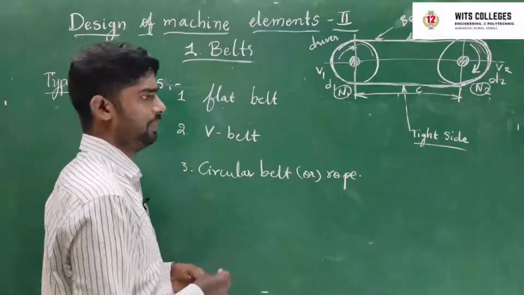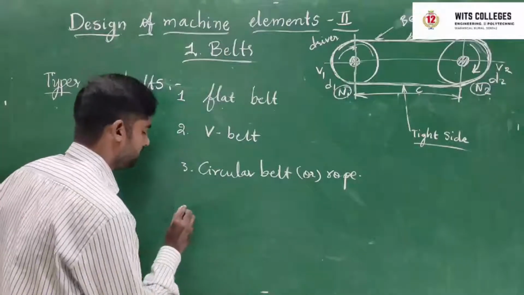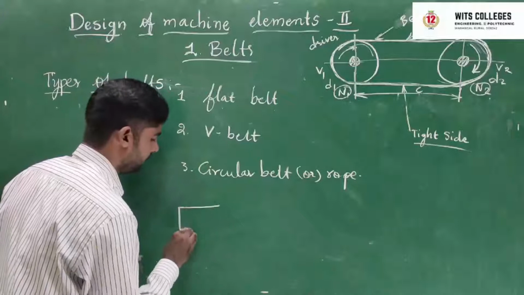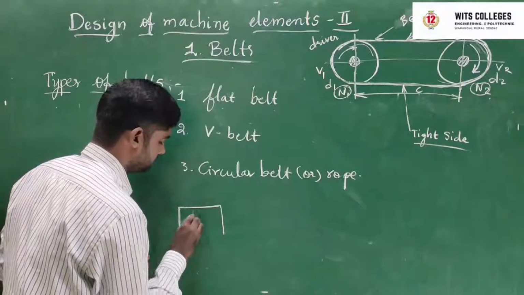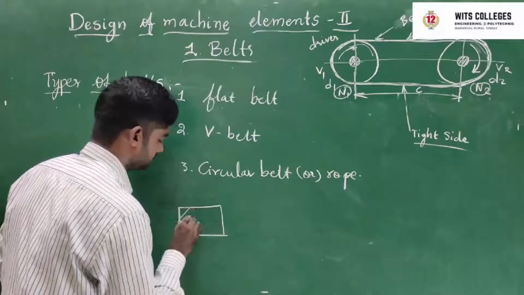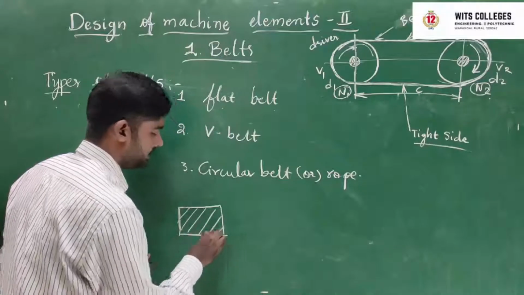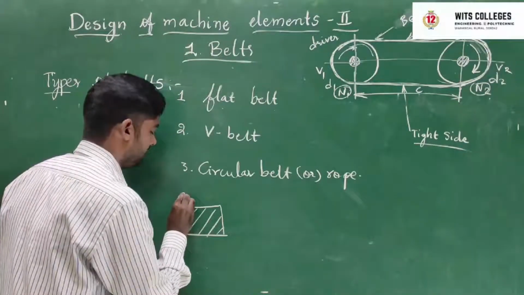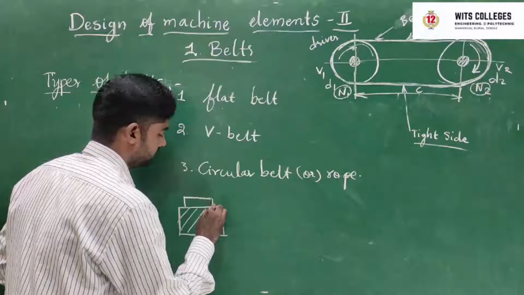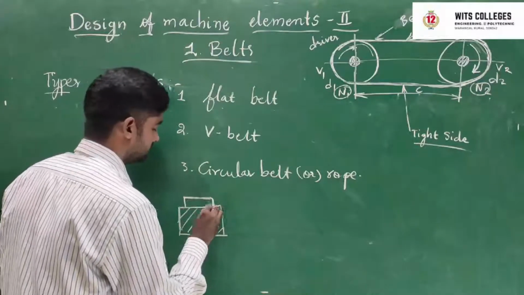And what is a flat belt? Let's see. A flat belt is like this: this is a pulley, a flat pulley, and the flat belt is like this. This is flat.